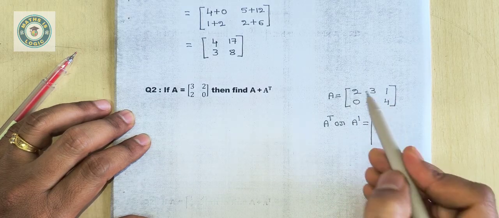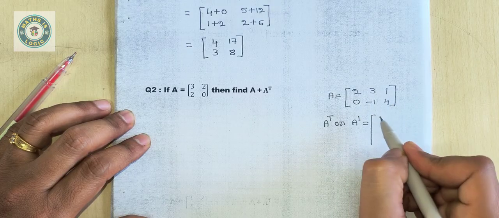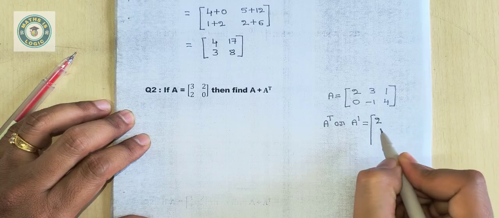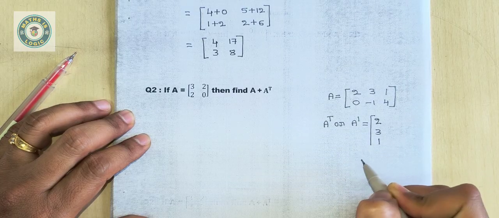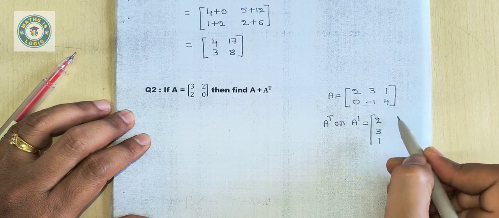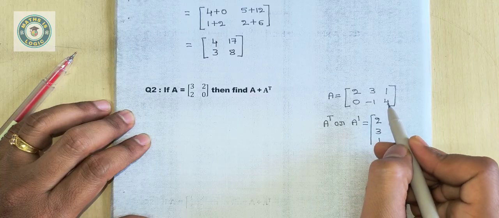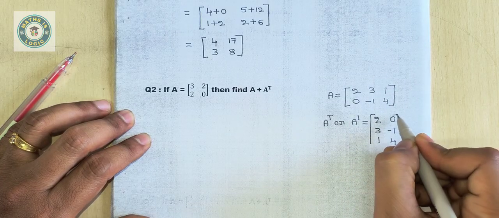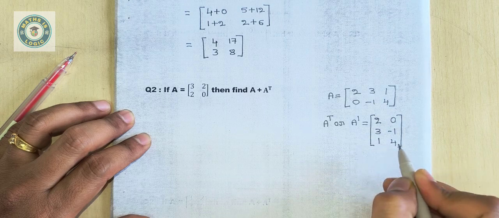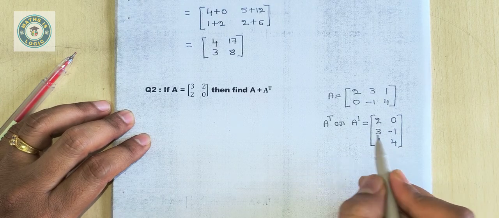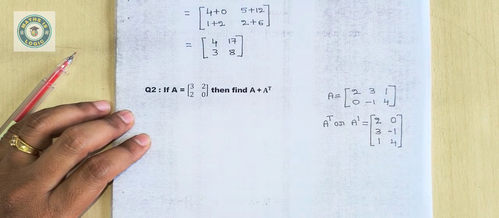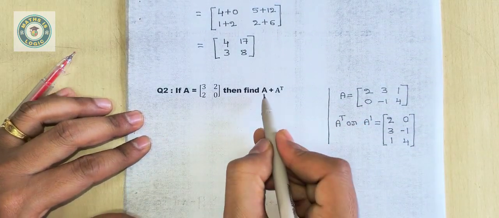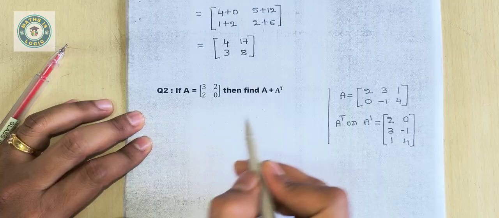So I am going to write the first row 2, 3, 1 as the first column, and the second row 0, minus 1, 4 as the second column. Whichever matrix we get, we call it the transpose of the matrix. Now in this example we need to find A plus A transpose.